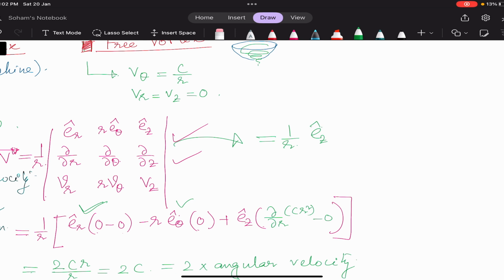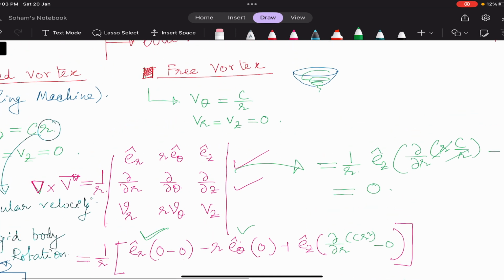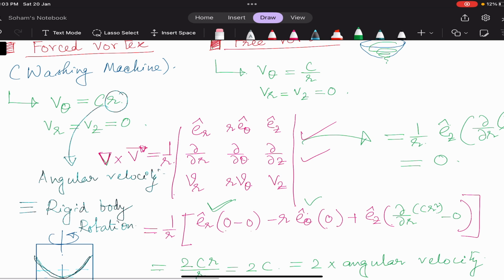So e_z, 1 by r into del del r, into r into c by r, minus 0. This will be cancelled out and c is a constant. So this is 0. So curl of V for free vortex is 0.